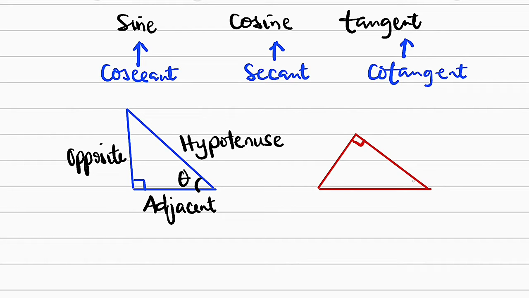So what if we have an acute angle here, theta? Therefore, this side must be the opposite. Always the side opposite to theta, or any other letter that denotes that acute angle, is the opposite side. And the hypotenuse is always directly opposite to the right angle. So this is the hypotenuse. And this other side will be the adjacent side.